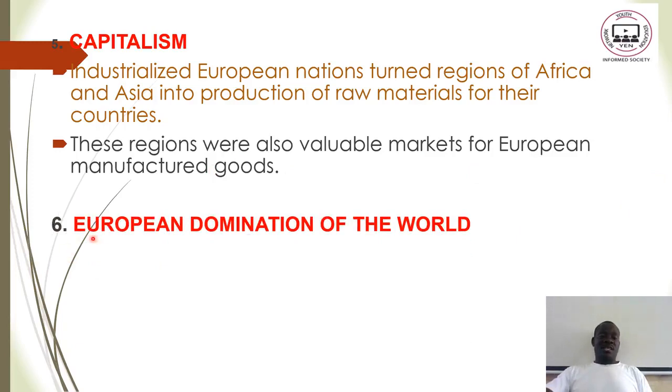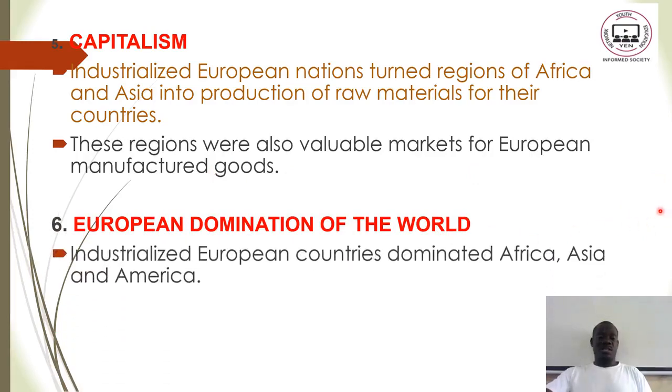Another major event was the European domination of the world. Industrialized European countries dominated Africa, Asia, as well as America. As they competed to produce more things in Europe, they were also competing for markets. They could not just have that market, so the first thing was to dominate, just as we are talking about imperialism, to expand their territories or areas of influence.